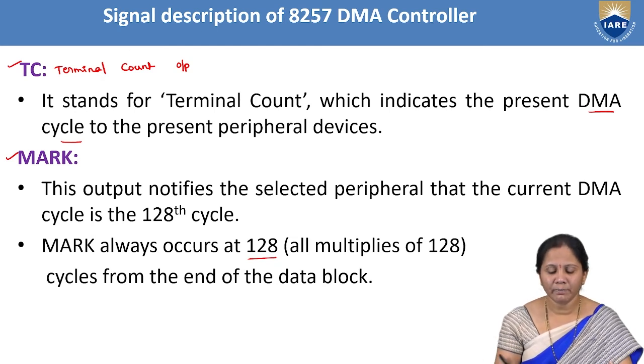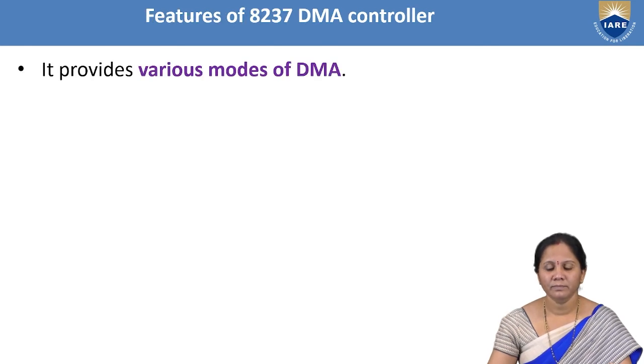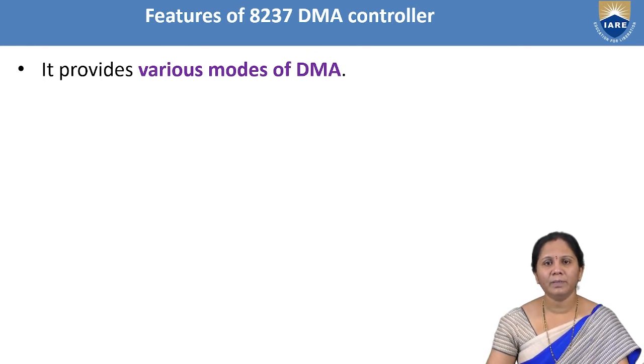So every time at the 128th cycle of the DMA, this MARK signal will be enabled. So that is the function of all the 40 pins available in the 8257 DMA controller.